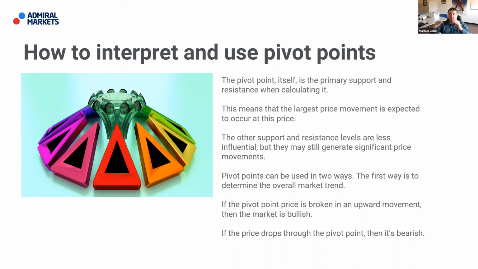But if the price drops down through the pivot point to the lower side, okay, then the price is really weak and we can say the overall trend is facing downwards. So you can say we have a bearish market or maybe we have a bullish market, but it's just an indication. So let's go a little bit deeper right now.